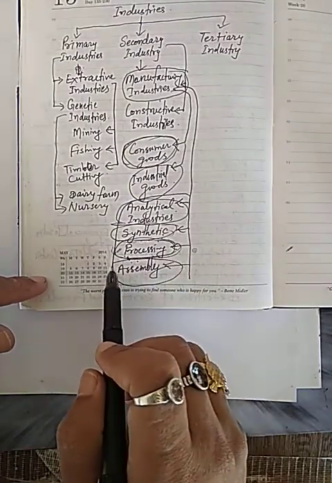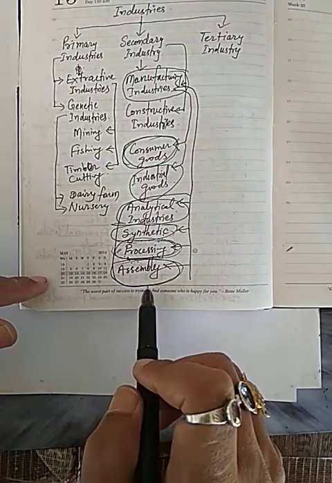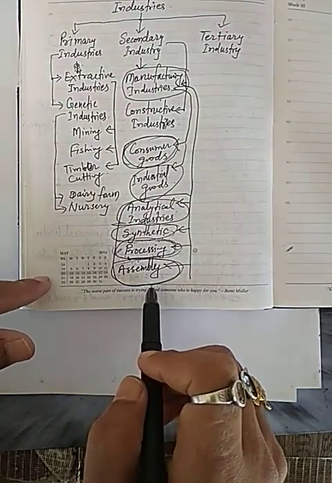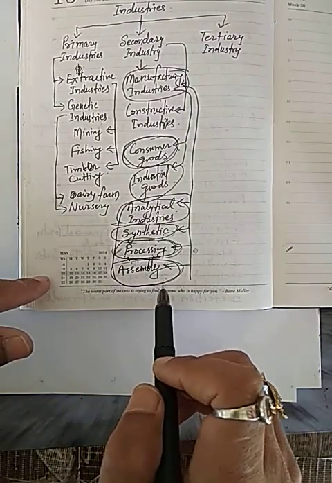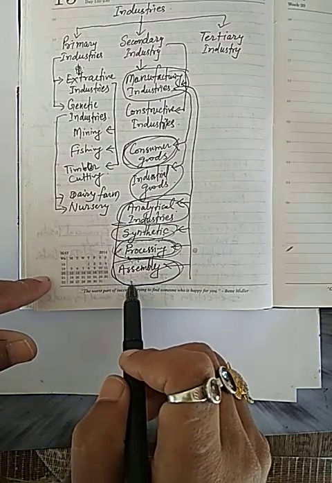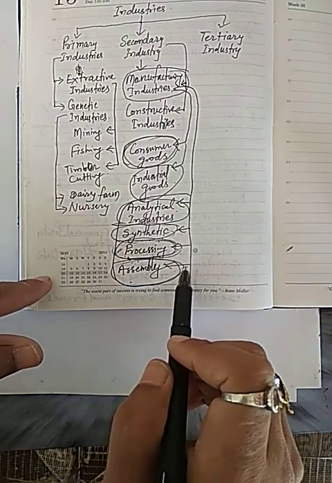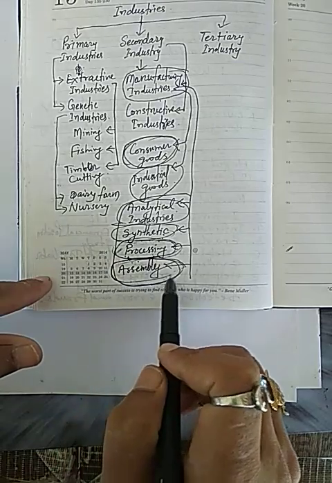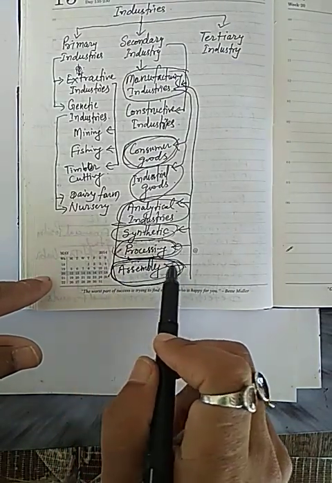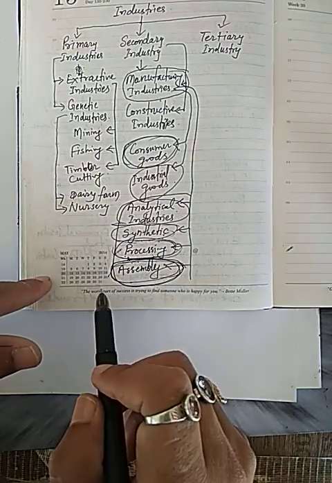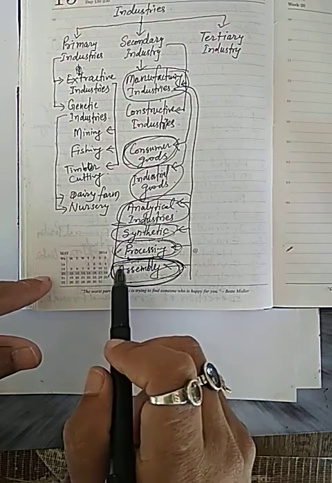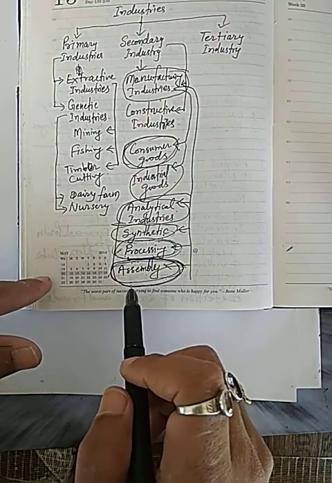Assembly industry. In assembly industry, various finished products are combined to produce a new finished product. For example, manufacturing of computer. You can purchase an assembled computer. Different types of components have been assembled in it from other companies.